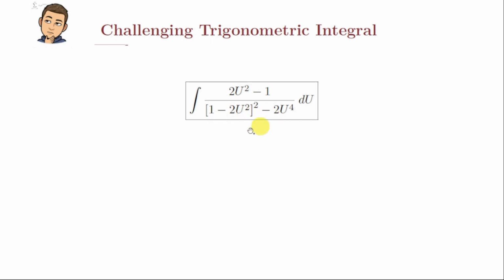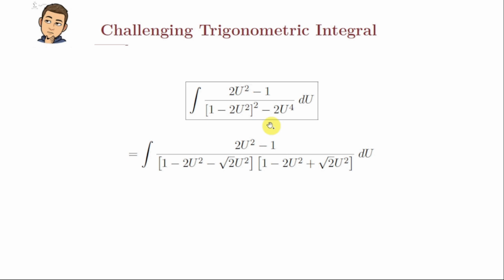First, notice that the denominator is the difference of two squares, because 2 times u to the power of 4 is the square root of 2u squared, all being squared. So we can factor this difference of squares: 1 minus 2u squared, that is this one, minus the square root of 2 times u squared, and this is the square root of 2u to the power of 4.